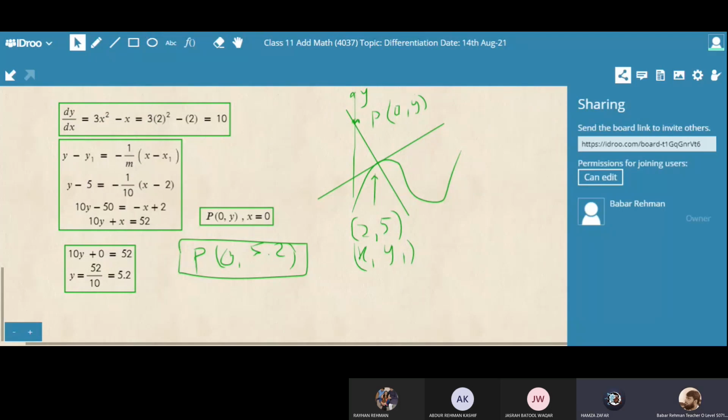Okay. Now what is the concept of parallel line that we used to do in previous classes?